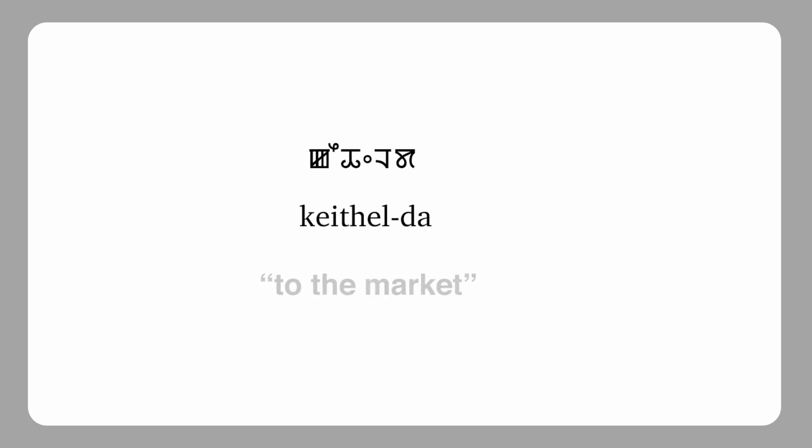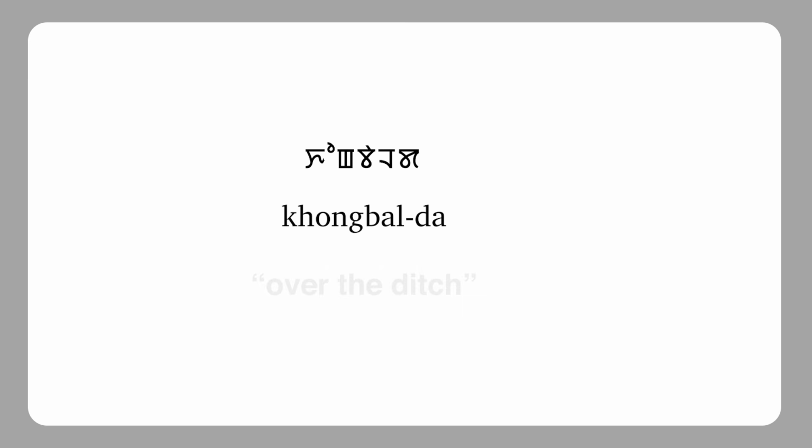Here, the locative marked form kaithelda, to the market, and khongbalda, over the dish, highlight spatial relations, whereas the unmarked form treats the same entity as a person-like argument. This reflects a flexible mapping between semantic roles and syntactic realization.